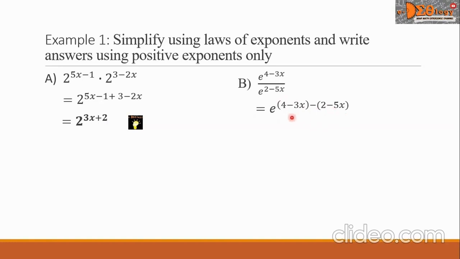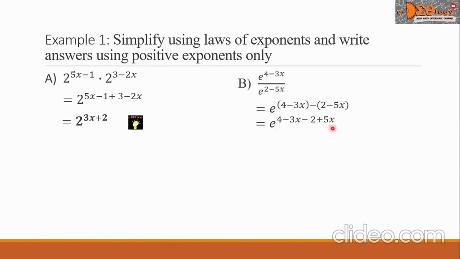In the next step, we will remove the grouping symbol. In the first group, we can directly remove the grouping symbol, but for the second group, we need to change first the sign of the terms inside this grouping symbol. So we have now e raised to 4 minus 3x minus 2 plus 5x.